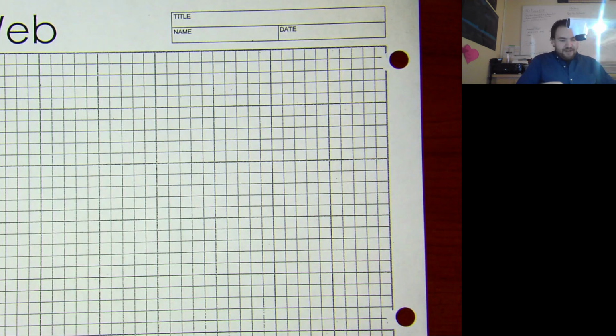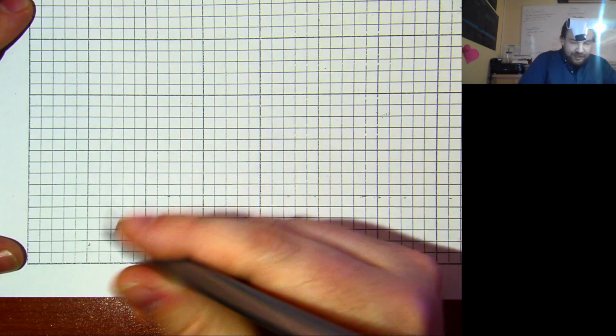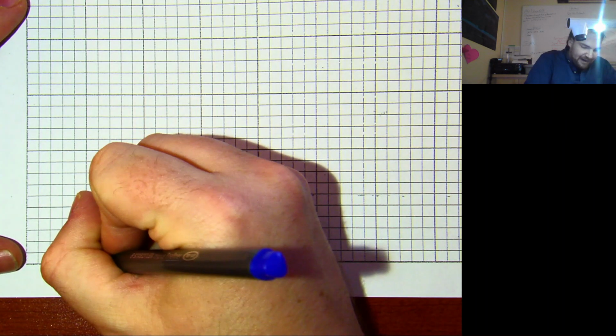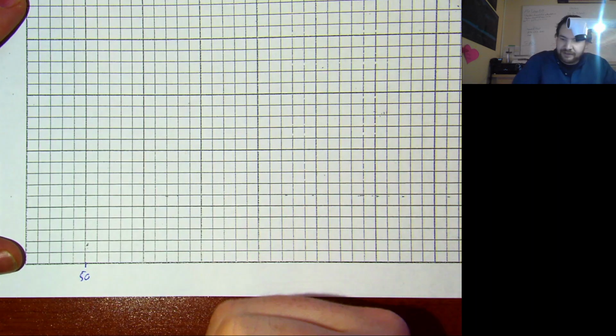Okay, here we go. So we've got a graph. Here's my graph. What do I want it to go up to? I want it to go up to 1,000. So let's call every 5. I want bigger than that.